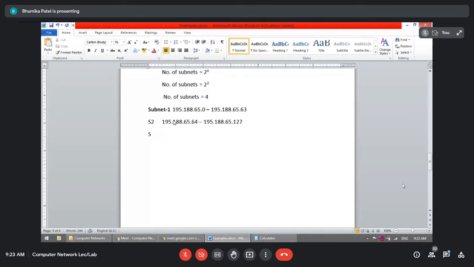Right, next subnet 3 is going to have 195.188.65.128 to 191, and then last will be subnet 4. It is 195.188.65.192 up to 255.